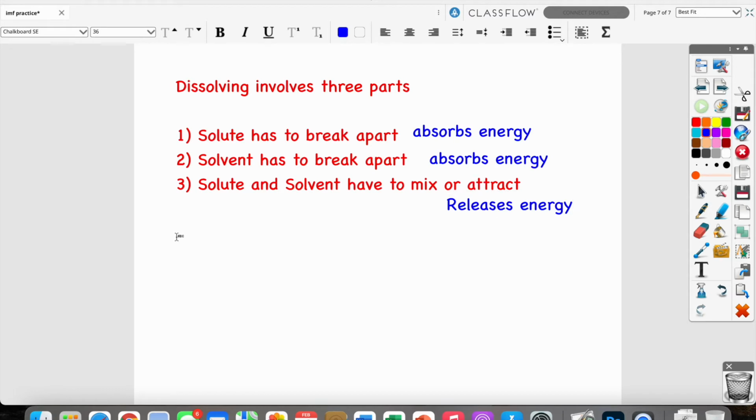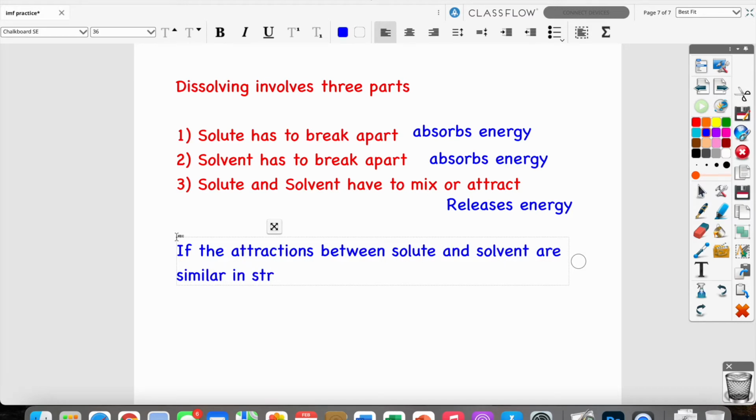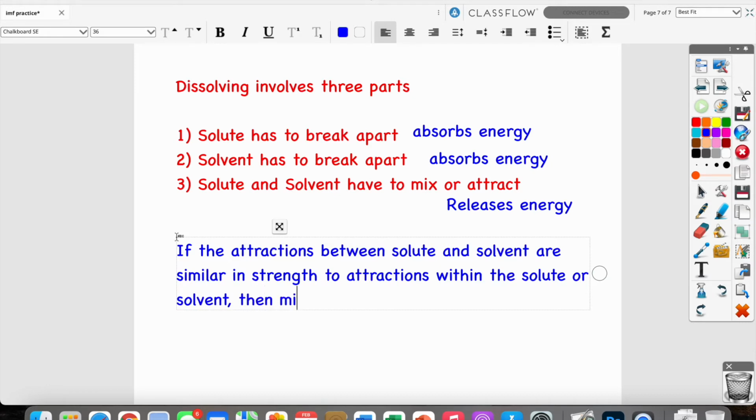But here's another way of looking at it. Basically, if the attractions are similar in strength to the attractions within the solute, then mixing occurs because there is no energy gain.